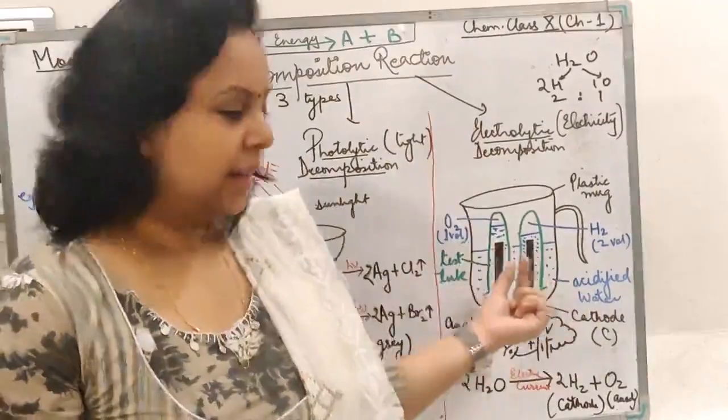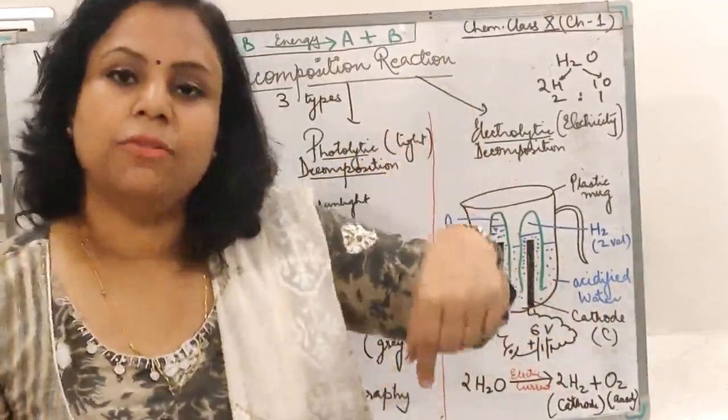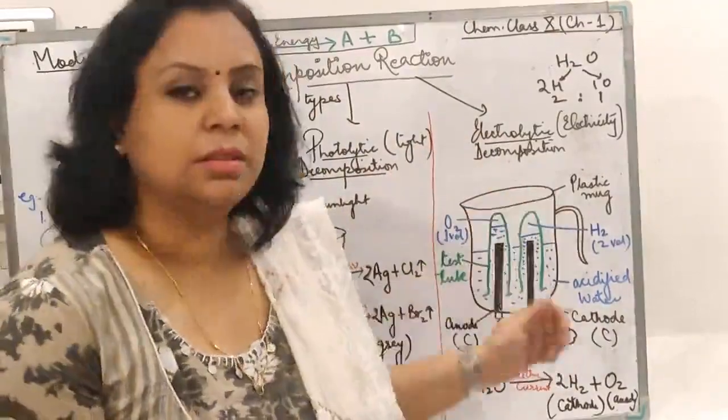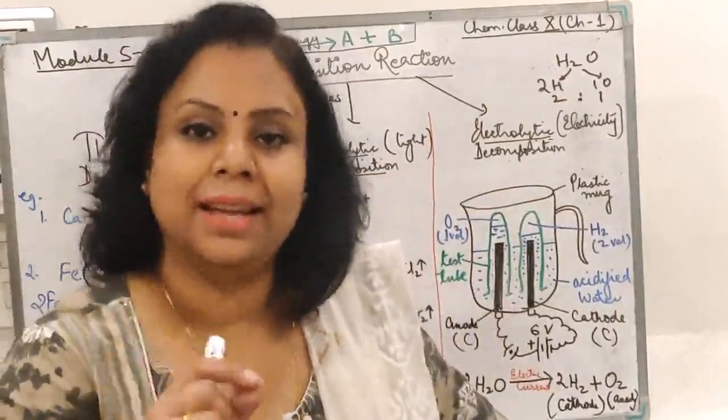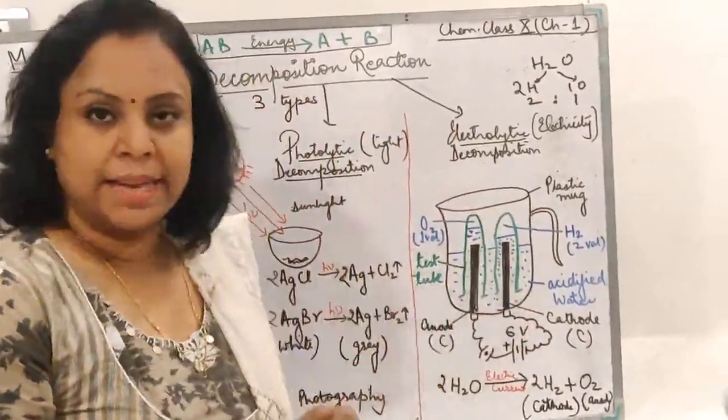Now what we have done is we have covered the two electrodes with the help of test tubes. Why? Because we want the products to be collected. So the arrangement is like this.